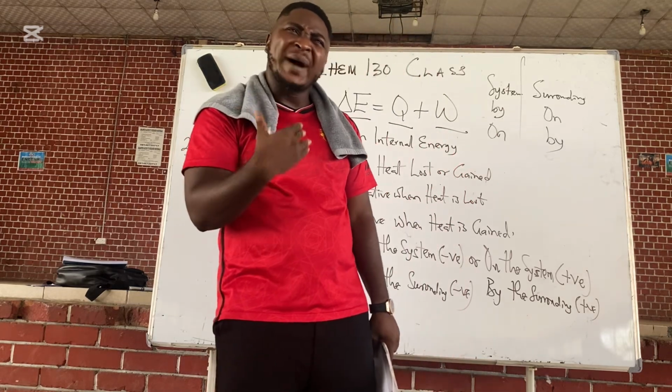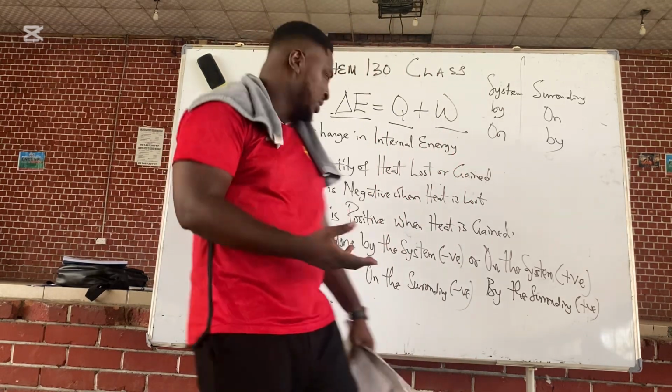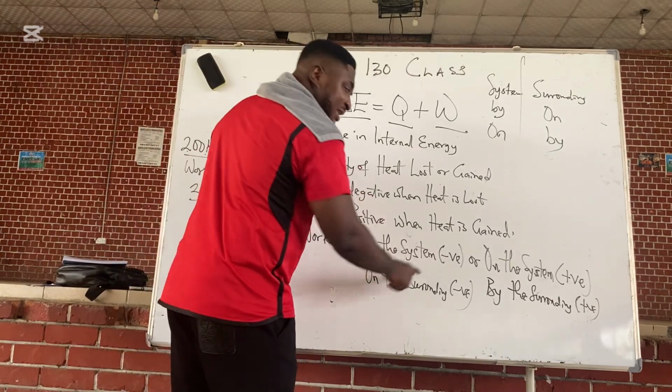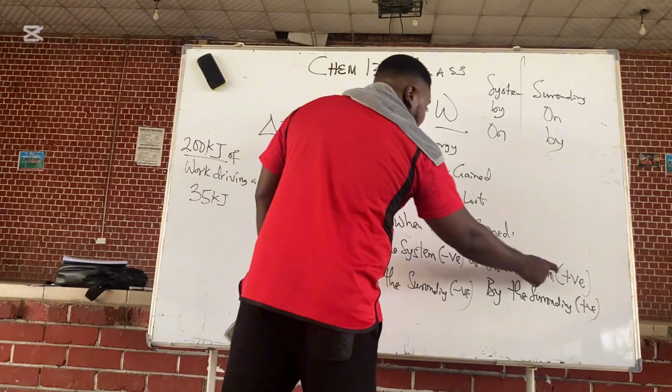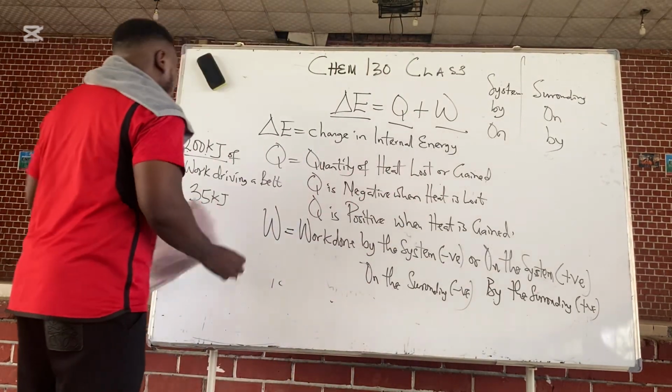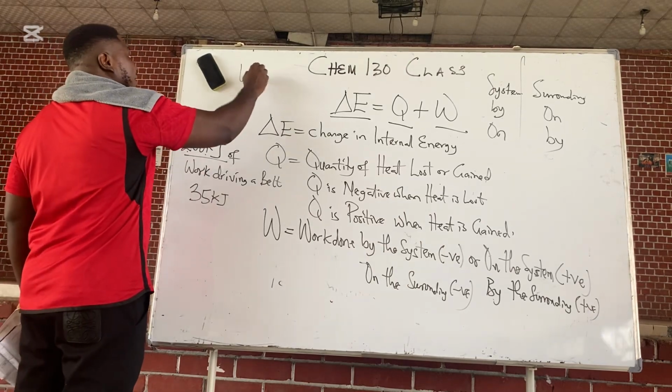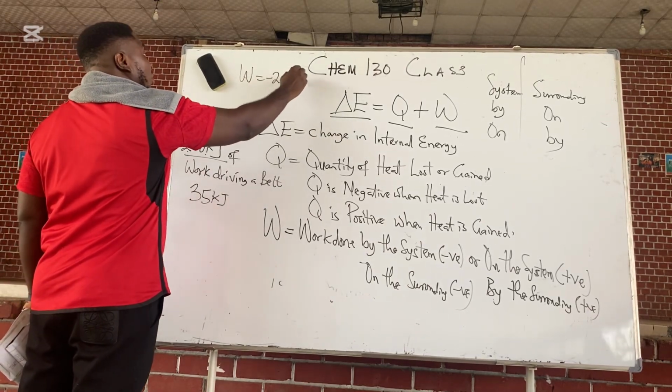So either work is done by the system or on the system. Work done by the system is negative. Work done on the system is positive. So our W, class, is what? Negative. So that will be minus 200 kilojoules.